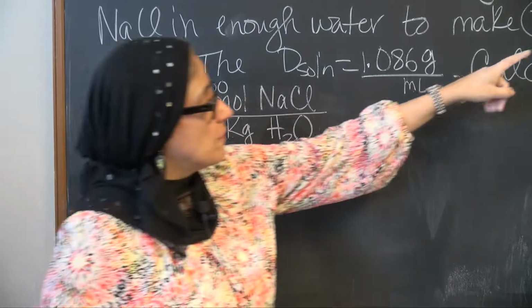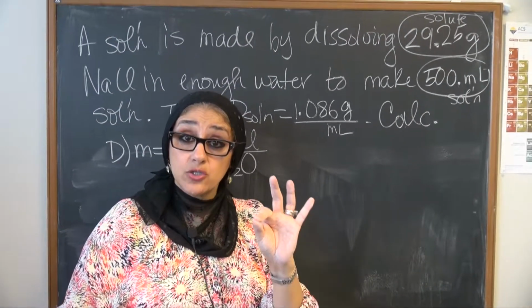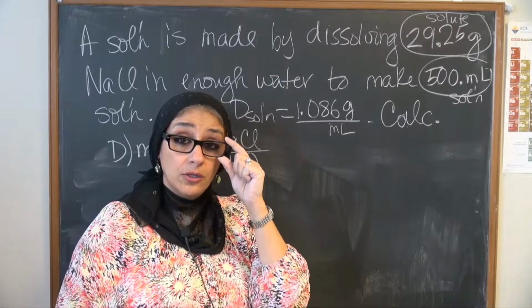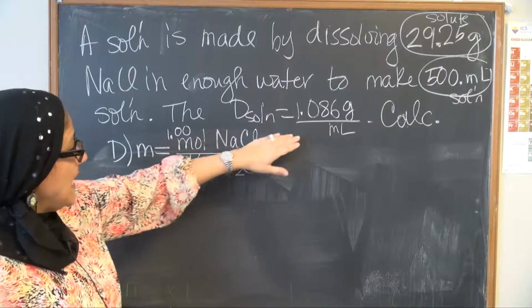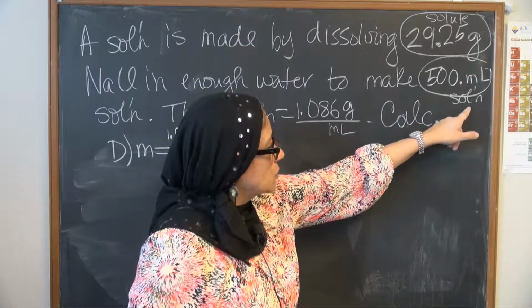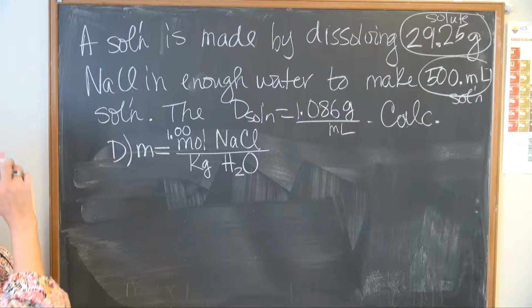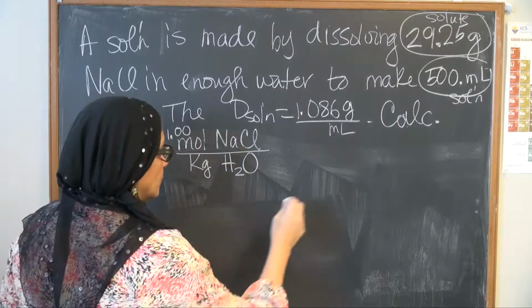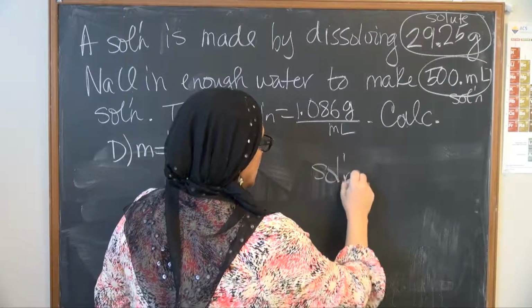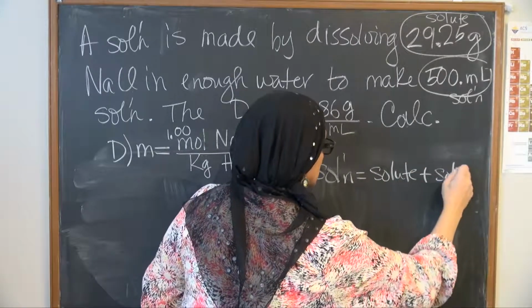How are we going to get kilograms of just water? Well, we know the volume of the solution, which is solute plus solvent. Both are accounted for there. We have a density that can take us from milliliters of solution to grams of solution. And remember that solution is solute plus solvent.